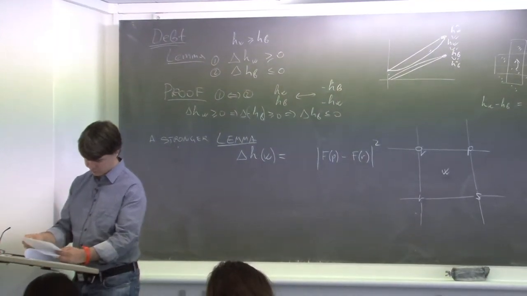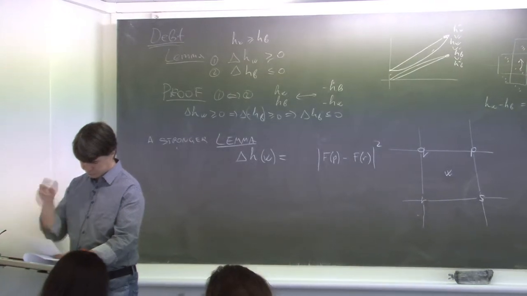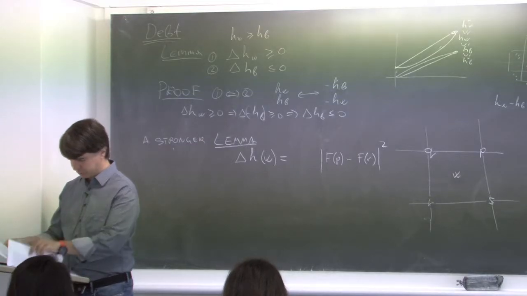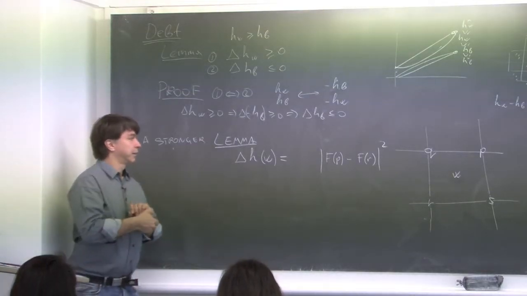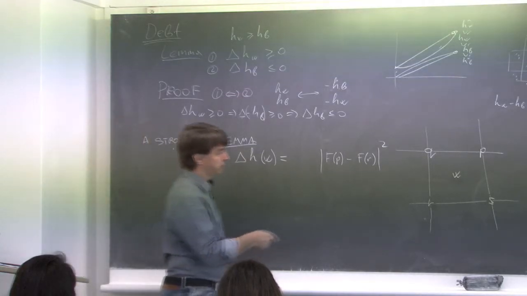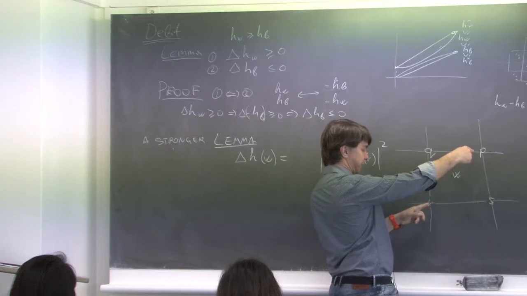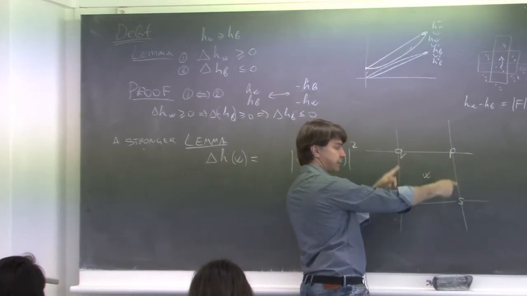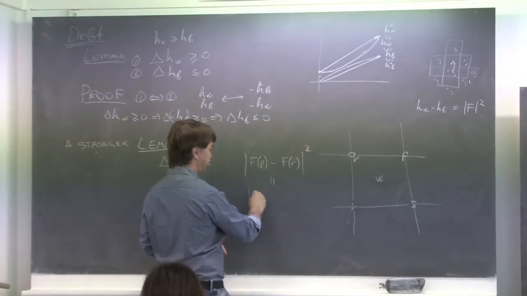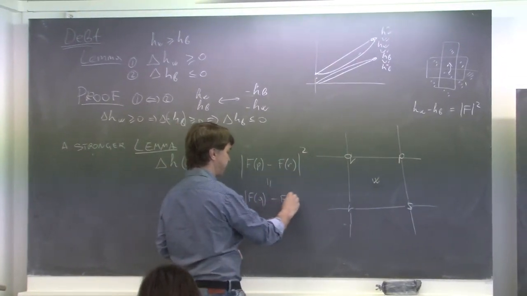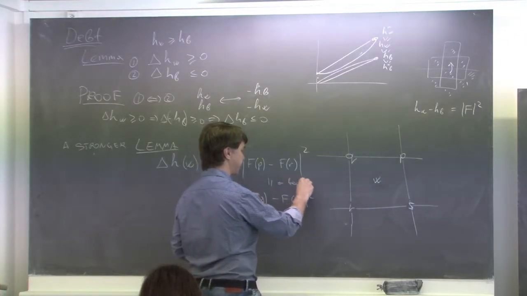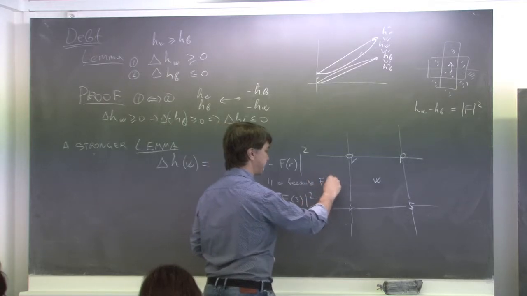And there is a constant in front, which is not important. Yeah, I think the constant is just equal to 1. So for white, this is also by symmetry, because f is discrete analytic. This difference is equal to this times i. So this is equal to f of q minus f of s squared. This just because f is discrete holomorphic.